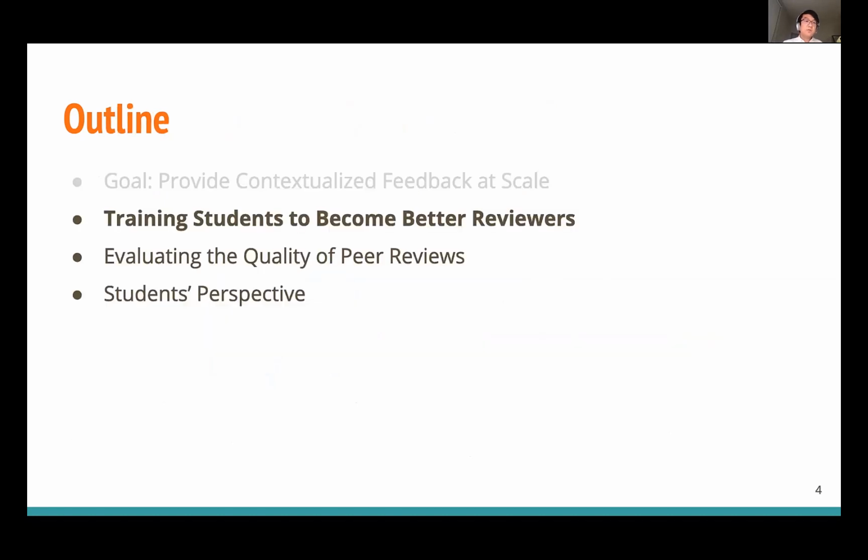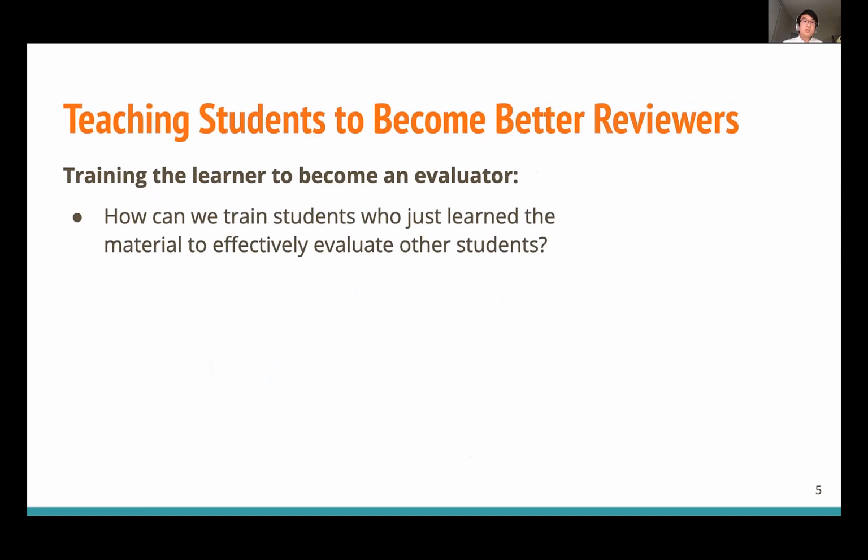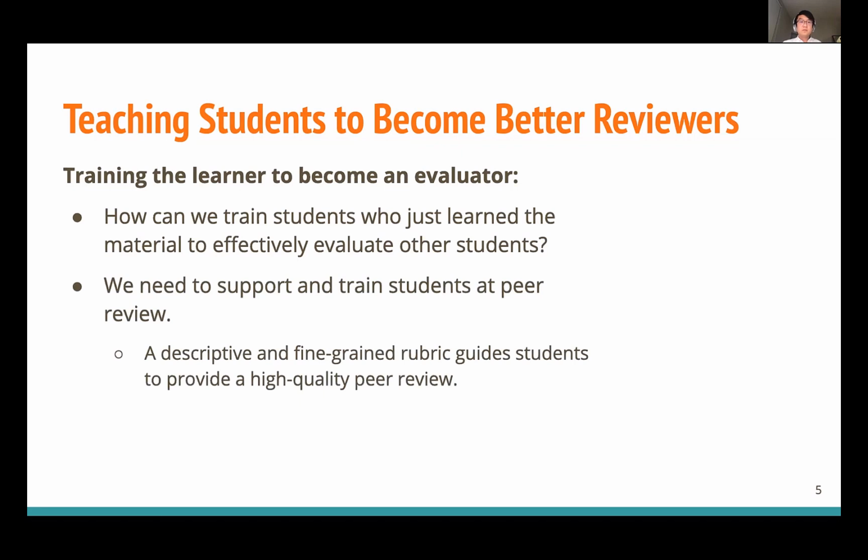After developing the tool, one important challenge that we face is how to train students to become better reviewers. You see, the problem is that students are just learning the material. How can we train students who just learned the material to effectively evaluate other students? Well, we need to support them and train them. First, we develop descriptive and fine-grained rubrics for each project to guide students to provide high-quality reviews.